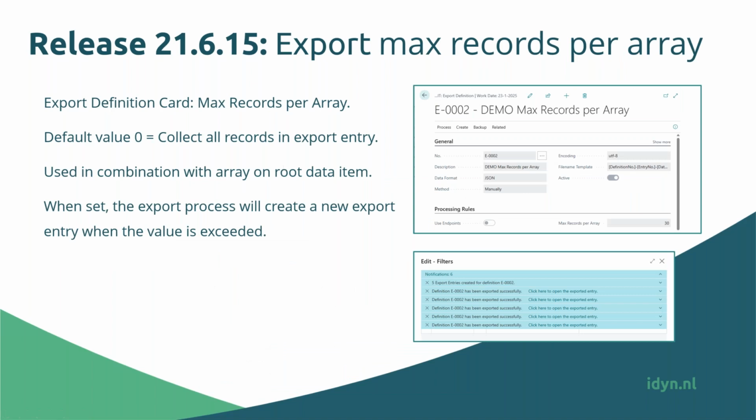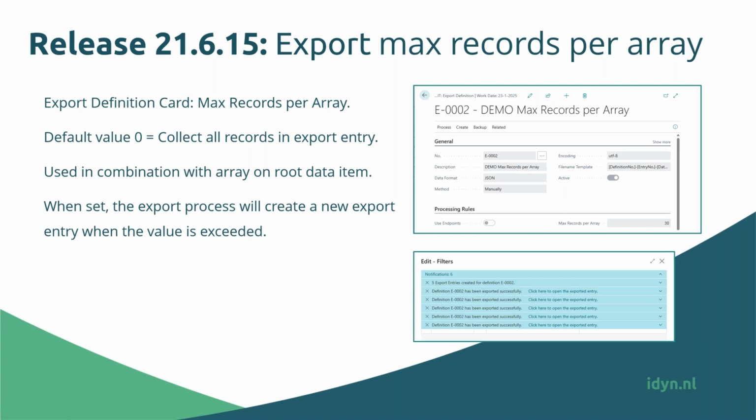Then for the next part, we're taking a look at the maximum number of records that are exported per array. Once again, default value for this is 0. This setting can be found on the export definition card, in a new section called the processing rules.